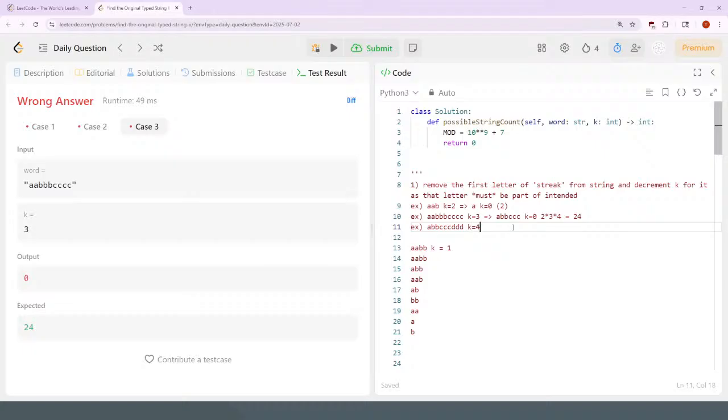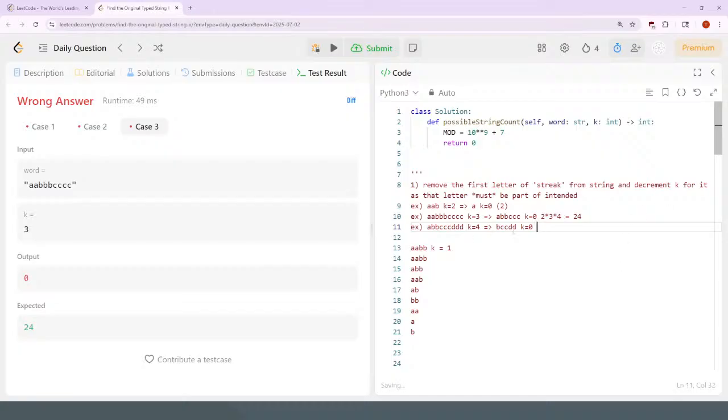And here, let's say the minimum is 4, right? So the first A gets removed if we consider things that are just optional. The first B is required, so what we're left with is the second B, the second and third C, and the second, third, and fourth D, and we're left with k is 0.